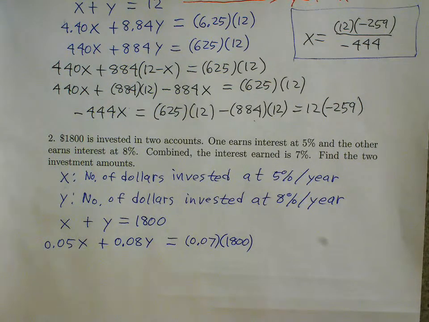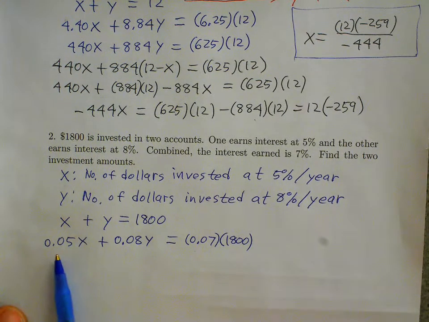Okay, so there is our system of two equations. Note that every term on both sides of the equation is the same kind of thing. Each one of those is an amount of interest. Okay, let's take this a little further.